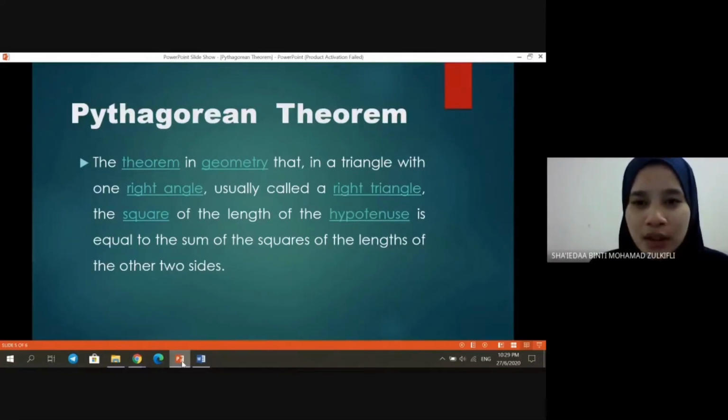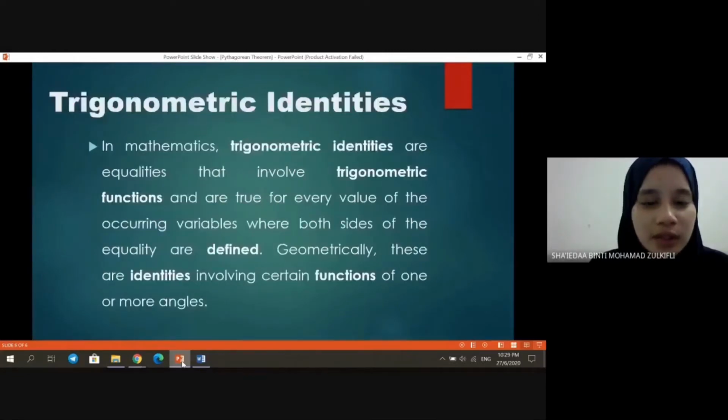Next, the meaning of trigonometry identities. In mathematics, trigonometry identities are equalities that involve trigonometry functions and are true for every value of the occurring variable where both sides of the equality are defined. Geometrically, these are identities involving certain functions of one or more angles.